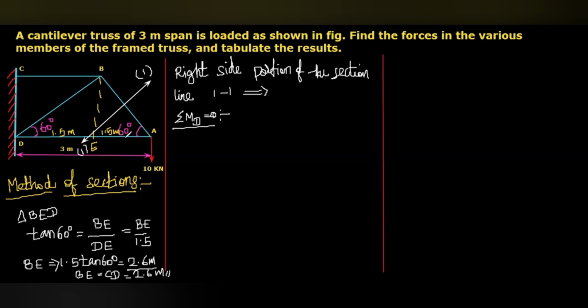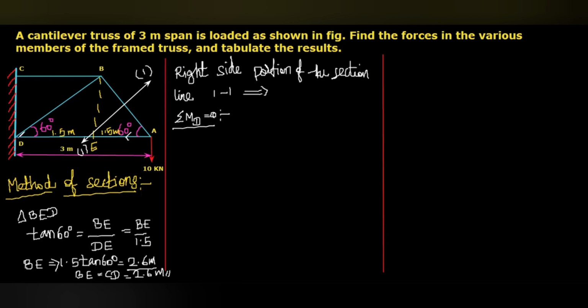The force in the member AD is a horizontal force. It may act towards the joint A or away from the joint A. But whatever, the line of action of the force AD passes through the points A, E, and also D. So when you take moment about D, the line of action of the force TAD passes through that particular point where we are going to calculate the moment.